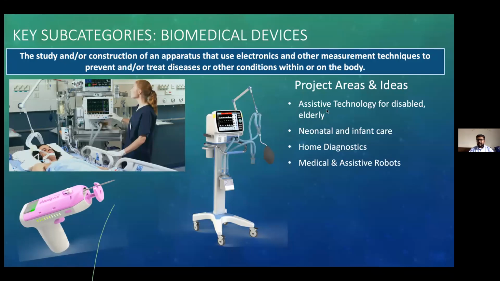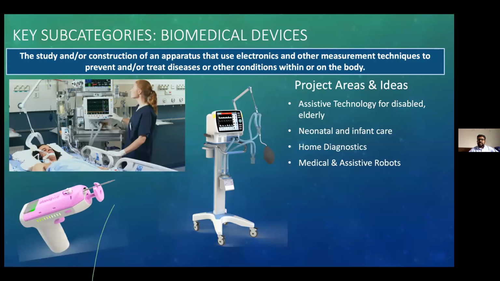For example, I talk about assistive technology. Assistive technology is anything that helps somebody who's disabled, or better abled, as we call them, to be able to function more normally. So things that help blind people or deaf people or people with mobility issues, people who can't walk or can't get up from their beds or have a partial paralysis of one limb, one hand, one leg, anything that helps them move better or work better.